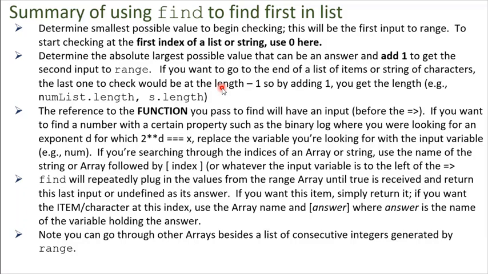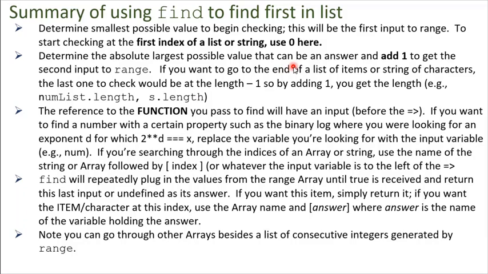So remember the way range works, again, I keep saying this, it stops 1 before. So we want to add 1 to whatever that maximum value is that we could want to stop checking at, no matter what. We add 1 to that, and that's what we put for the second input to range. So that would be numList.length or s.length.